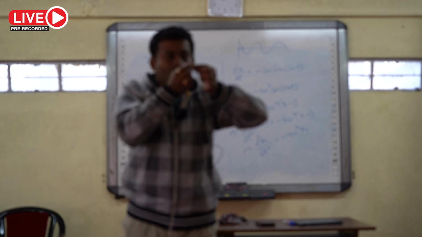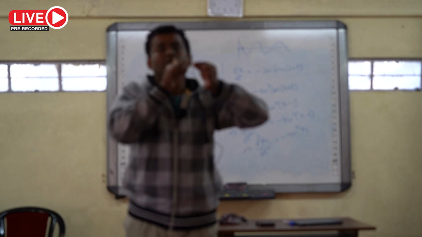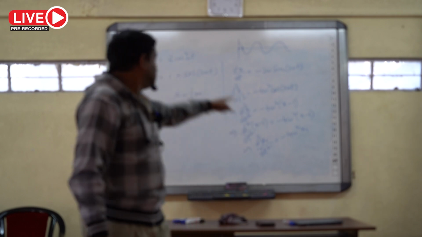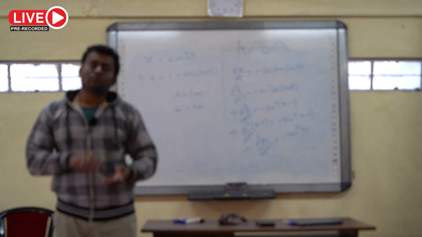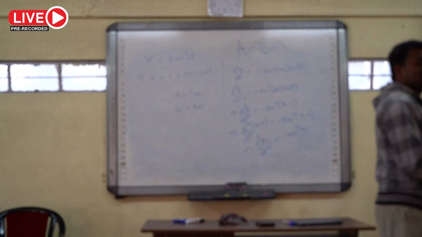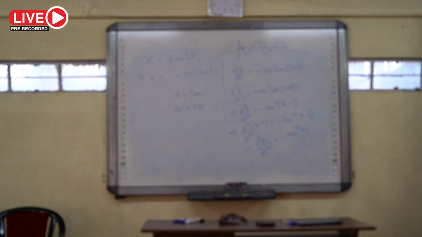Now again pull it and release. So about which point will it oscillate now? The same thing. About y equal to 1, it is now oscillating, but still representing an SHM. Only the equilibrium position is shifted. Okay.